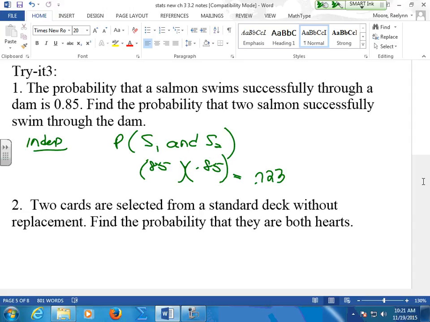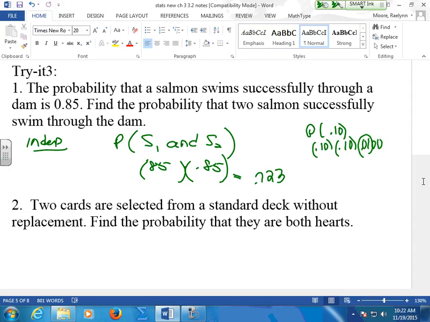If your success rate was small, say my probability of getting through was 0.10, and you had to multiply two of these, you get 0.01. Now, it's going to be very, very small that your probability of two of them getting through would happen. But if it's bigger, it's easier to understand that one.